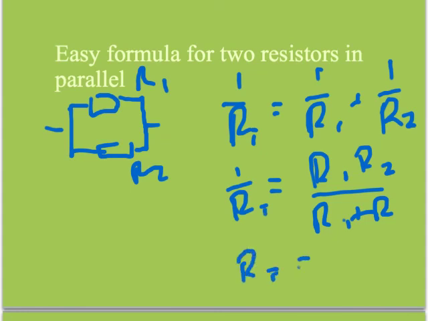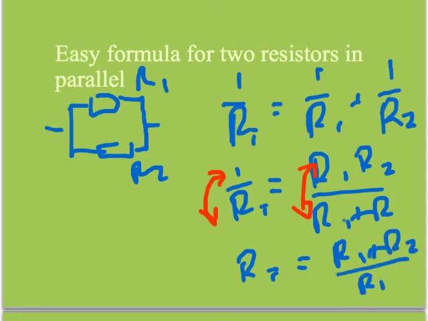So R total, if you invert both sides to make it the same, just up the other way, you then get R1 R2 divided by R1 plus R2. Here's a simple formula you could remember.